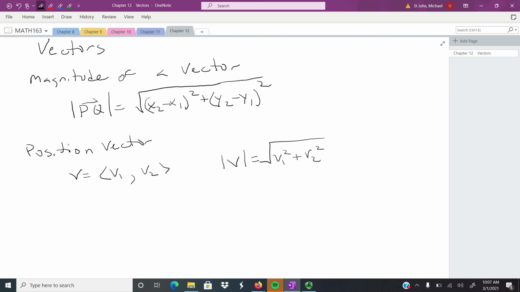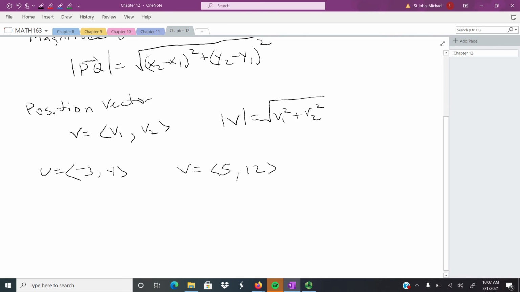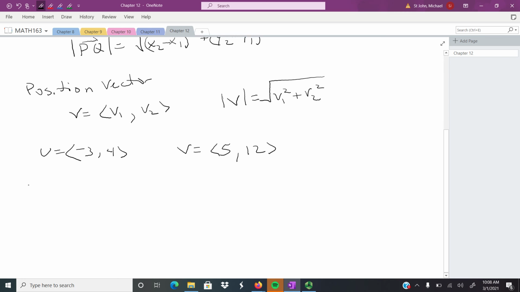Right. So let's say we have two vectors. We have a vector u, which is minus 3, 4. We have a vector v, which is 5, 12. Okay. Well, with these vectors, we can do several things. Well, we can add these together. We can do u plus v, which will be the minus 3 plus the 5, the 4 plus the 12.